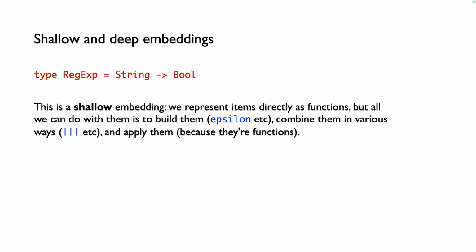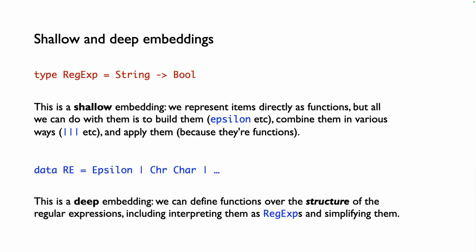When we represent things directly, all we can do with them, we can build them obviously and combine them, but the only thing we can do is apply them. They're represented as functions, so we can't examine them, we have no idea what their structure is.